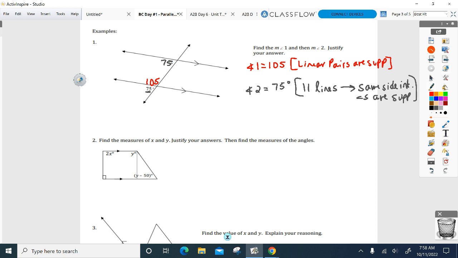Parallel lines imply, tell me what type of angles and what you know about them. Did anybody say, I knew that was 75 because they're what type instead? Corresponding. So instead I'd write parallel lines imply corresponding angles are not supplementary, but congruent. So two different ways I could have gotten to that 75.